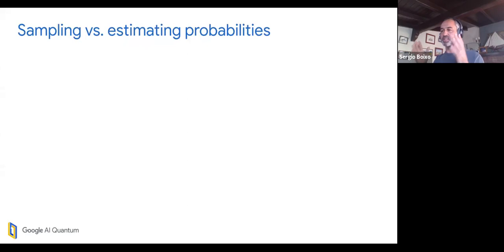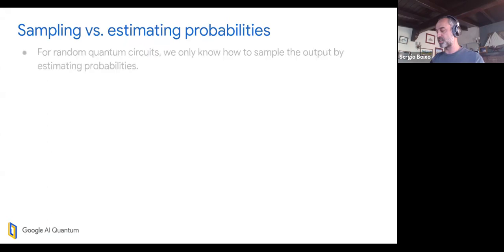So first I'll say something about the complexity theory results behind this task. To note is that even though the computational task is to sample the output distribution, it turns out that we only know how to sample the output distribution of a random circuit if we first calculate probabilities classically.